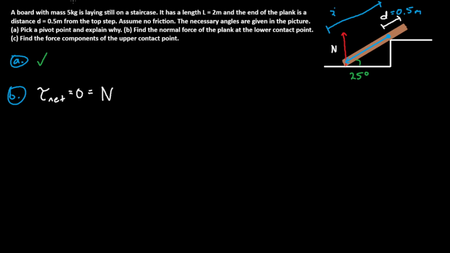Therefore, the distance between this corner and the bottom is 1.5 meters. So our normal force times 1.5, times the sine of the angle between them, is for your cross product.